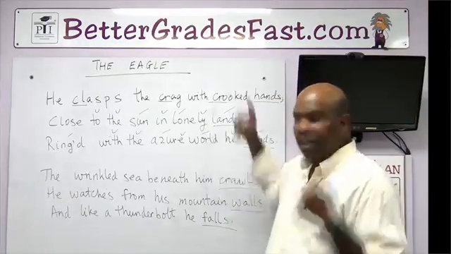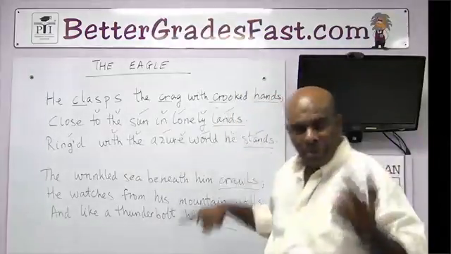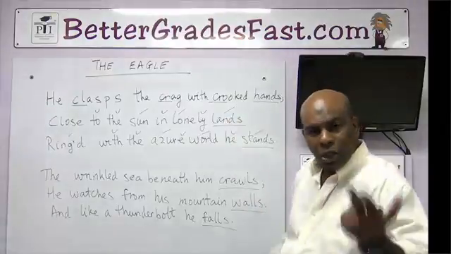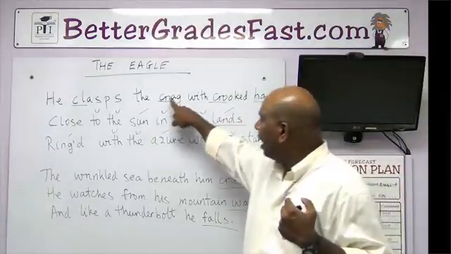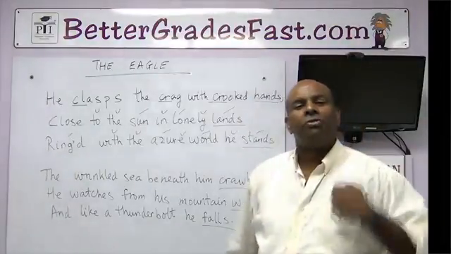In this case, alliteration, the repetition of the k sound, or l. We also have assonance, repetition of the a sound, and that creates rhythm in the poem.